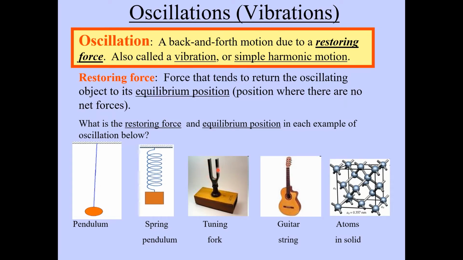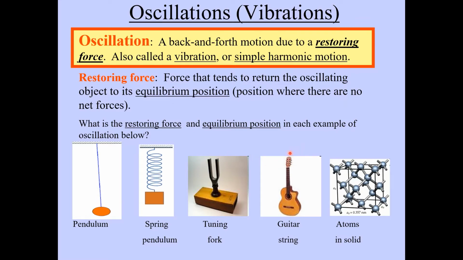Remember that all materials have elastic properties. So this solid metal tuning fork actually behaves like a spring, almost like our spring pendulum, and that gets the tines of the tuning fork to vibrate back and forth. We'll look at the tuning fork in more detail in a future chapter when we talk about sound.